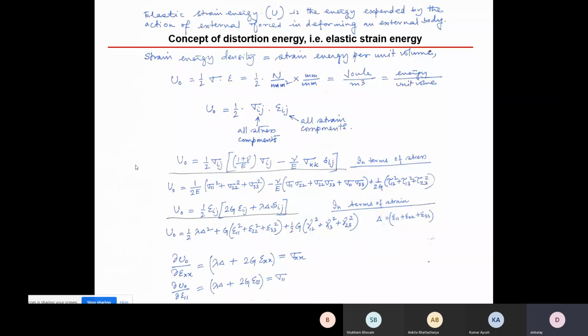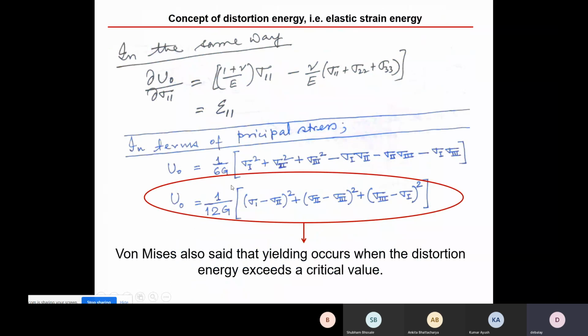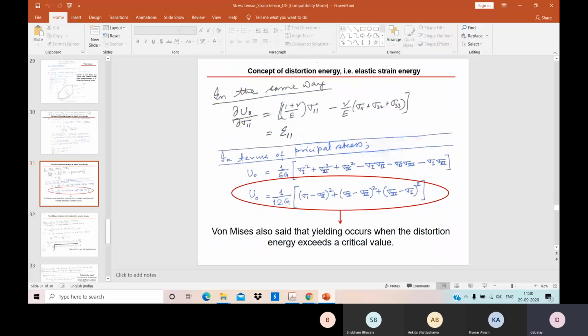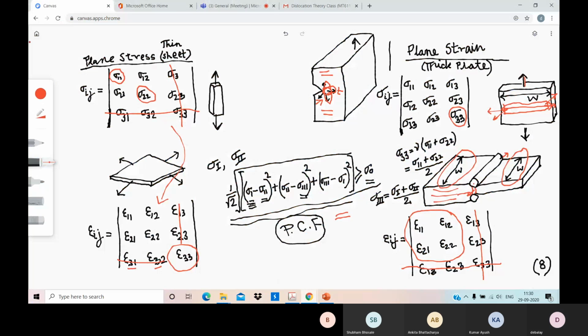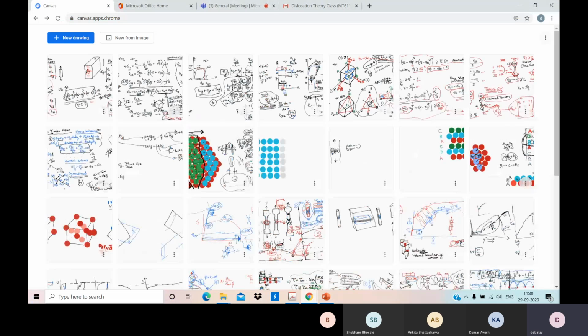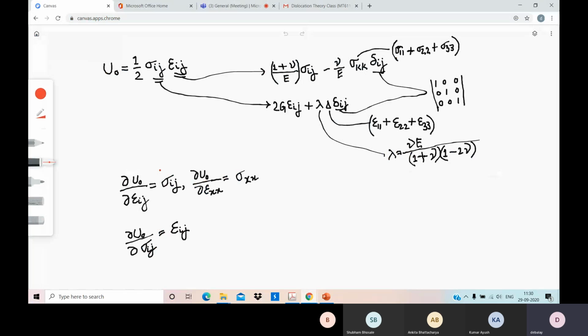There is one important consideration called distortion energy. What is distortion energy? Let me again quickly go back to the Canvas screen, the slide that I have made to make you understand distortion energy. Distortion energy means elastic strain energy absorbed by a body.